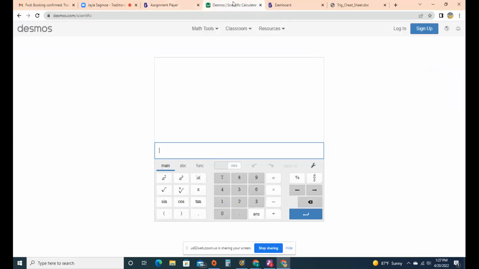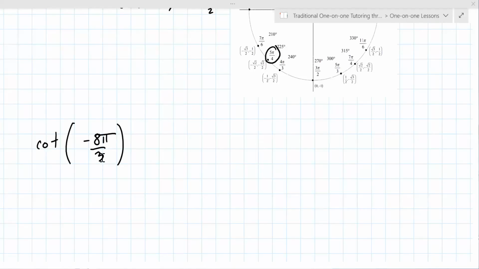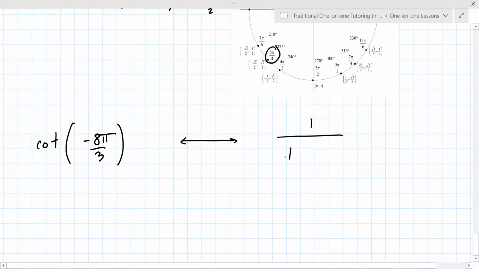Remember, it doesn't know cotangent, so you have to know how to change cotangent. There are fewer and fewer shortcuts here. In Desmos, you would do 1 over the tangent of minus 8 pi over 3, and you're welcome to try that. I don't think it's going to give you a nice number, but you can always try.